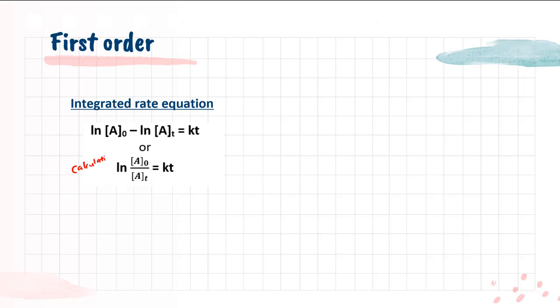The first formula normally will be used for the graph. So we rearrange this integrated rate law to make ln At the y-axis: ln At equals minus kt plus ln A0. To plot the graph, you need your y-axis, your gradient, your x-axis, and then the intercept c.